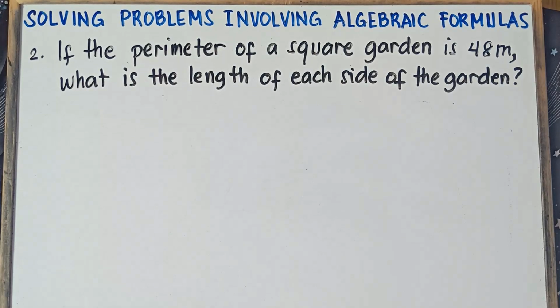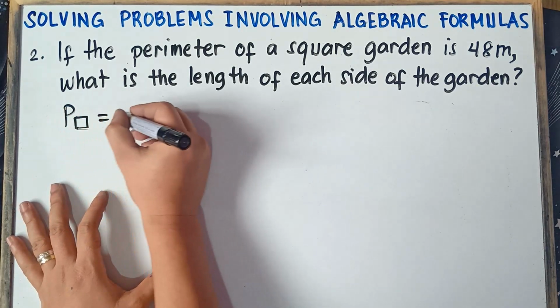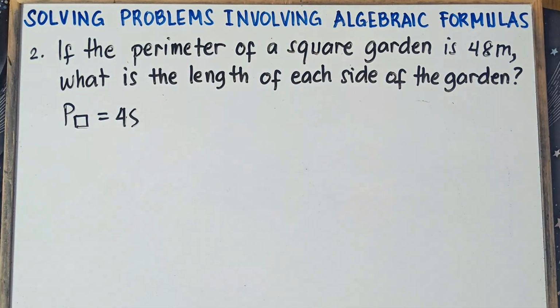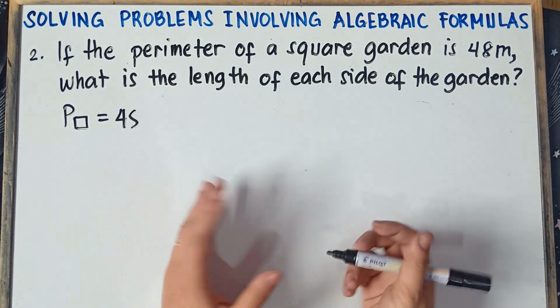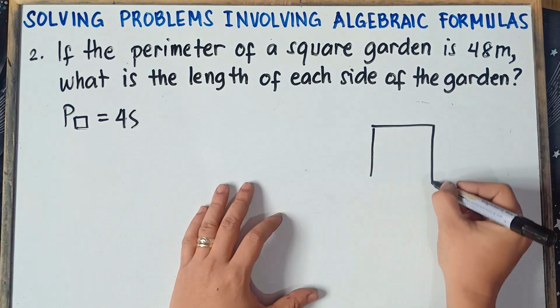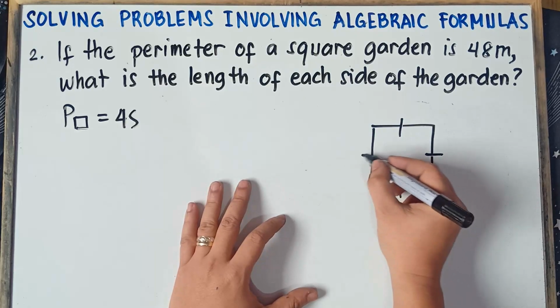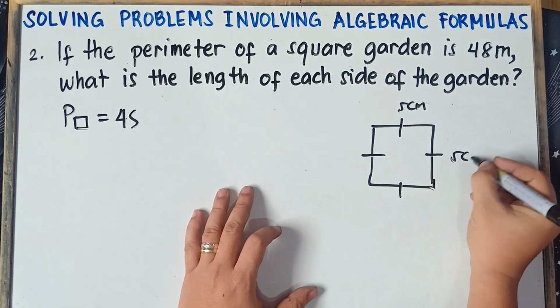Now, to find the perimeter of a square, the formula is perimeter equals 4s, that would be 4 times the side. Now, let me explain this one, class, with regards to perimeter. Perimeter, class, is the sum of all sides. If we draw a square, of course, we know that in a square all sides must be equal, right? If this is 5 centimeters, therefore this side must also be 5 centimeters.